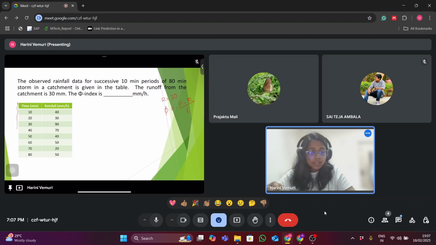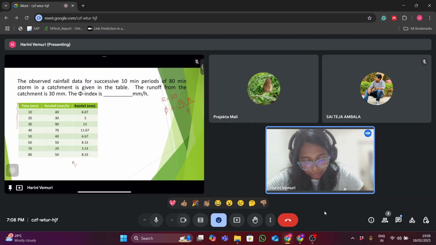So first what we will do is to calculate precipitation. Here they have given intensity, but we need to calculate the total rainfall value. So to calculate rainfall value, first we have to calculate the rainfall amount in each duration. Since we have intensity, we have to convert by multiplying it with the duration of the storm. Then we will get the rainfall amount.